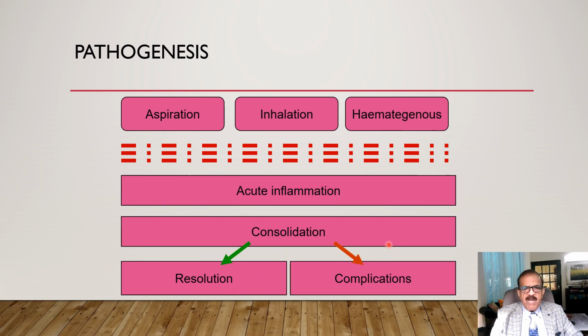But some patient may end up in complication. That means this consolidation may transform into lung abscess or empyema, or patient may have endotoxic shock, and patient may develop hypovolemia and other possibilities. Luckily, in majority, we expect a complete resolution.